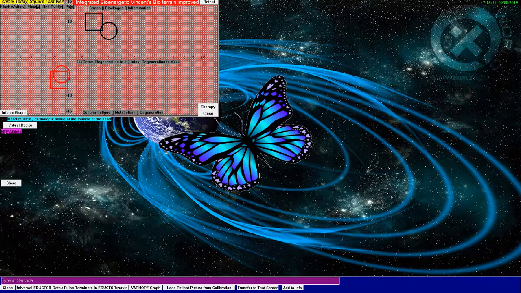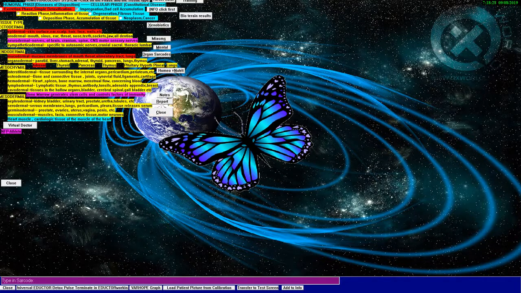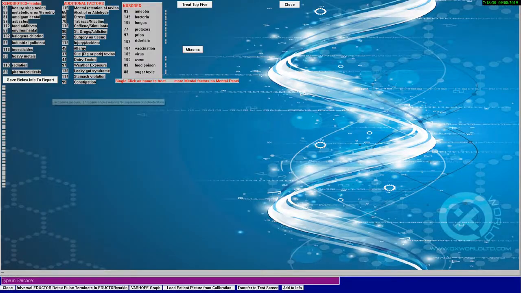I don't want to go too much into the technical, but here I have some indication about the bioterrain of the person, about those little circles that tell me about the inflammation and the pH and everything. So we have some indication here, and then I have all the xenobiotics, all the toxins, the vulnerability to the toxin. So I do not like the numbers that are above 100 and below 60 here.